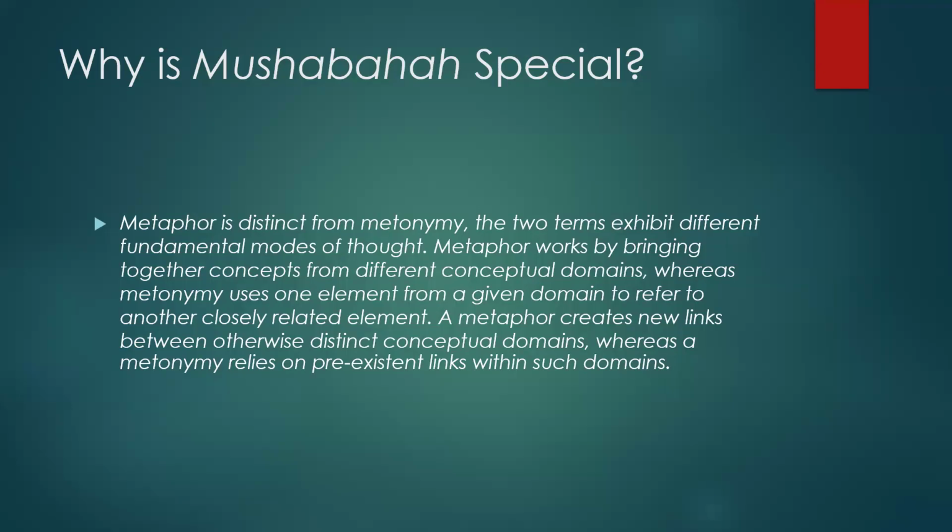You can even look up a book called The Two Poles of Figurative Speech, right? These are the two fundamentals of figurative speech in Greek and English literature. One of them is based on mushabaha, so this is not something specific to Arabic; it was known from classical times. One is mushabaha, comparing things, and the other is building on an existing relationship.